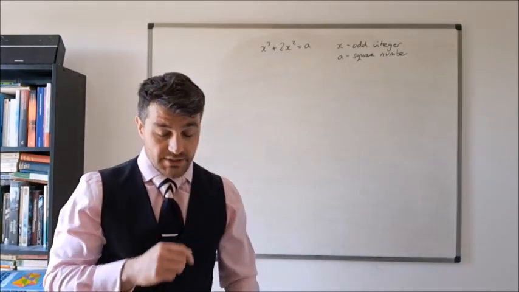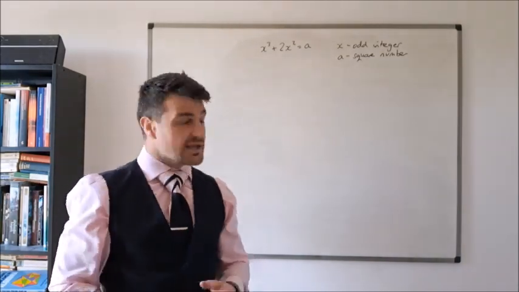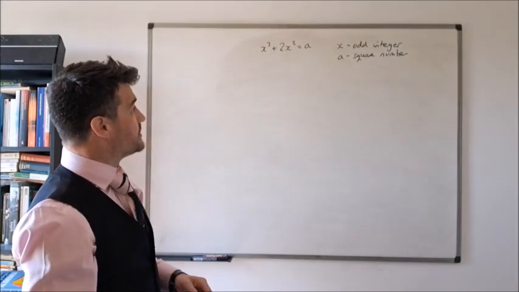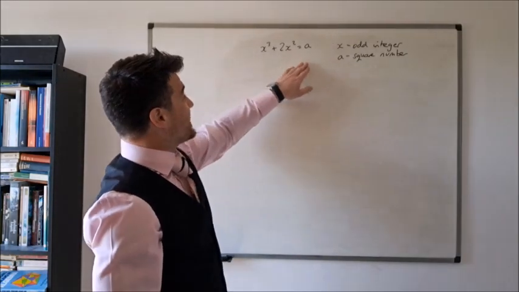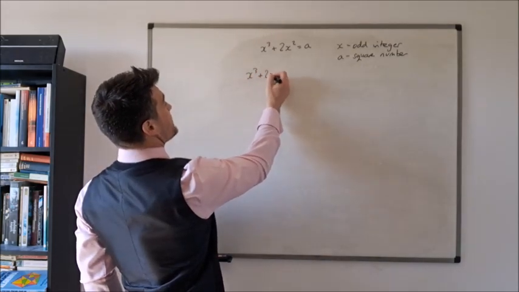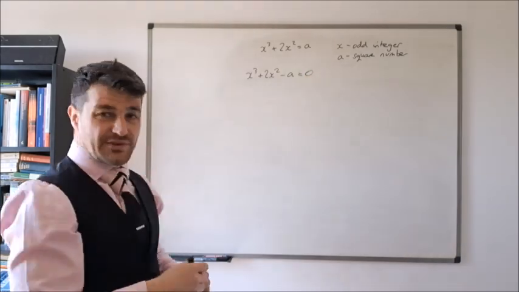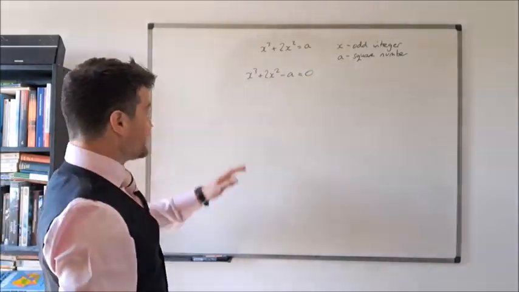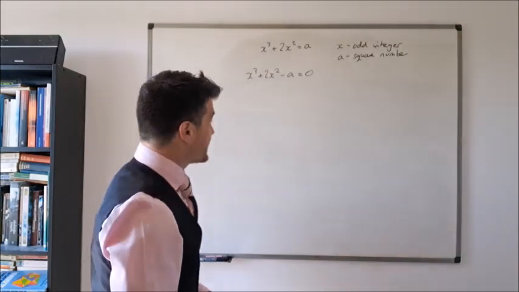So I spent a few minutes thinking about possible ways to go about this. I was thinking about bringing the a over here and writing x cubed plus 2x squared minus a equals 0, and trying to find some sort of factorization for that, but I didn't seem to make any progress in that direction.